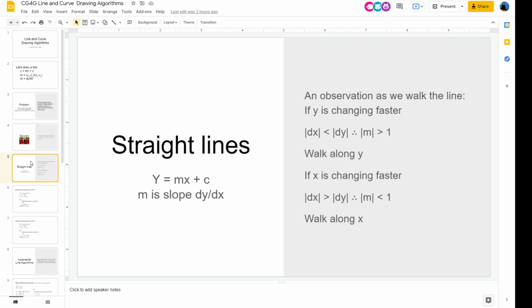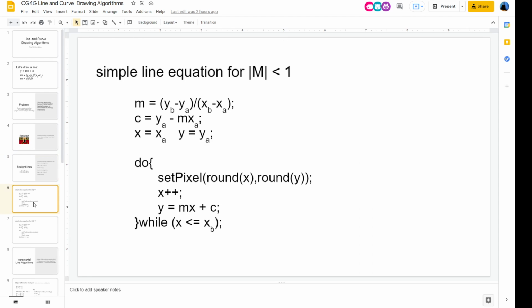We can compare the magnitudes to figure out whether it's pitched really high up or really flat, then walk along whichever one makes sense and just flip your equation. So for the simple line, we would either be saying y equals mx plus c, or x equals y minus c over m. We do one or the other.